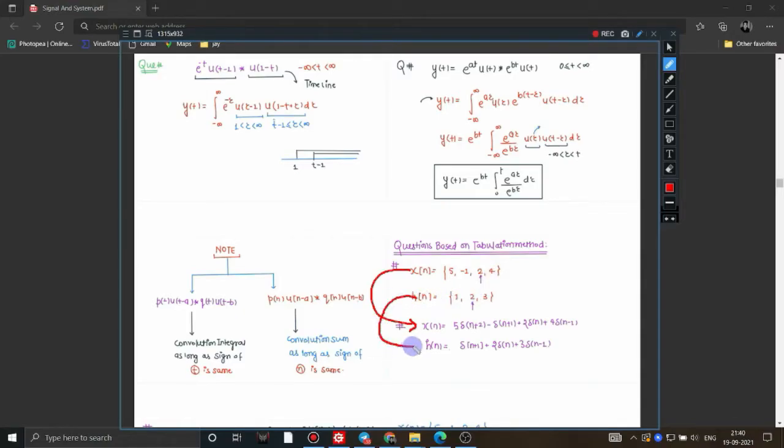Just like that, this hn also: 1 del n plus 1, 2 del n, plus 3 del n minus 1.